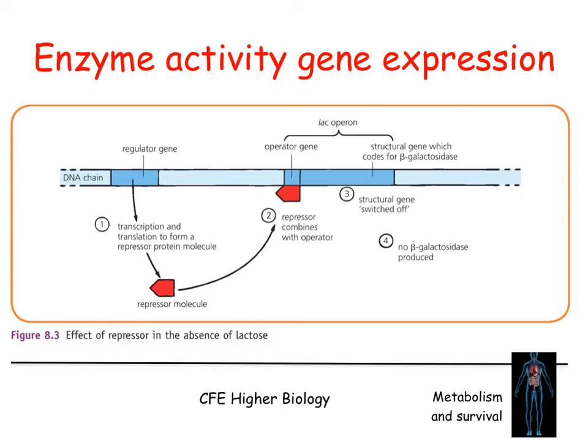Now, E. coli are a bacteria, and we're going to be looking at a pathway here that involves the breakdown of lactose, which is sugar in milk, to galactose. Now, there's an enzyme involved in that, and that enzyme is called beta-galactosidase.